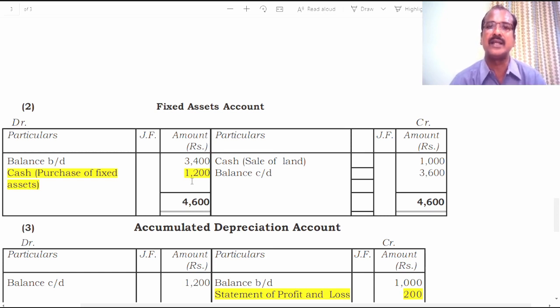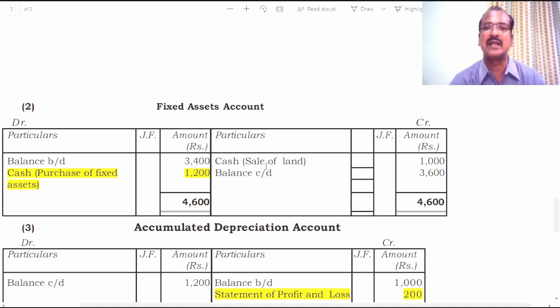If you find an increase in a non-current asset balance, that is nothing but purchase of the non-current asset, which could be the only reason for an increase in the value of a non-current asset in a cash flow statement problem. So therefore, the journal entry for purchase of an additional fixed asset is fixed assets account debtor to cash account. So this is an item of cash outflow through investing activity which would be taken over to the cash flow statement.